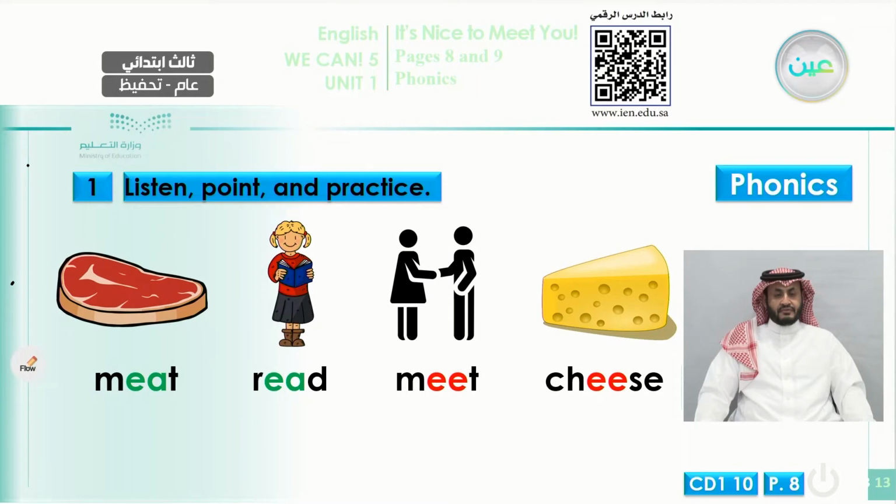Number 1. Listen, point, and practice. Listen to words with EA and EE. They make the same sound. EA says E, E, and EE says E, E. Let's practice.